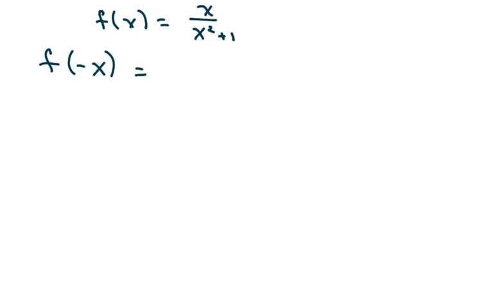Okay, so for the first one, we have f of x equals x over x squared plus 1. And the first thing we want to find is f of negative x. So everywhere there's an x, I'm just going to put parentheses, and I'm going to evaluate negative x.